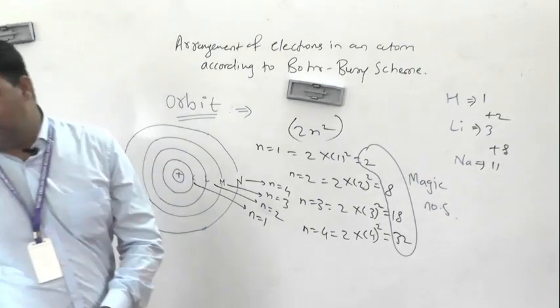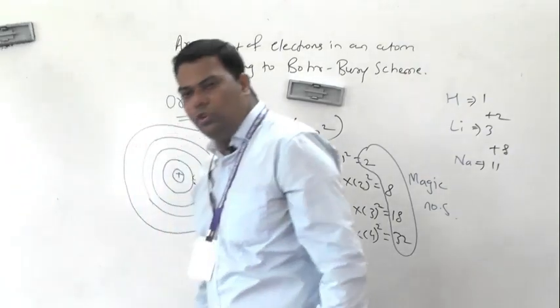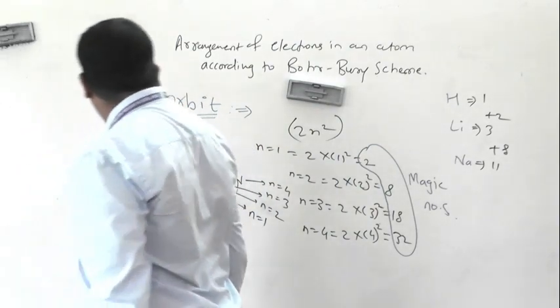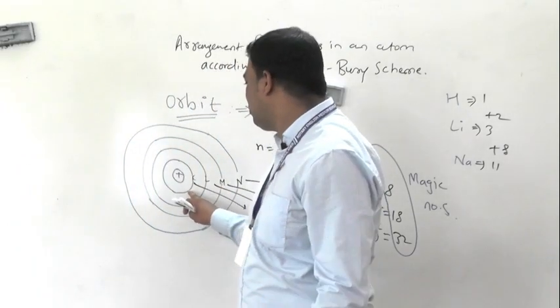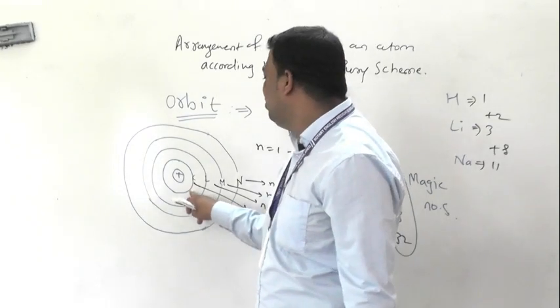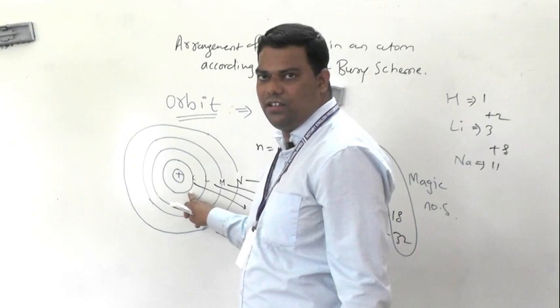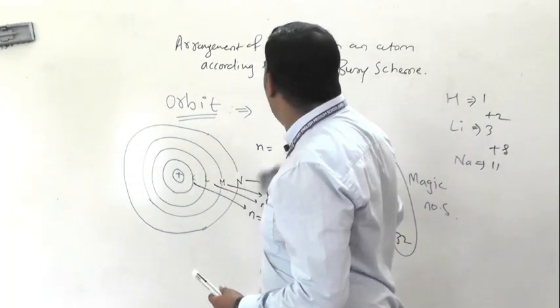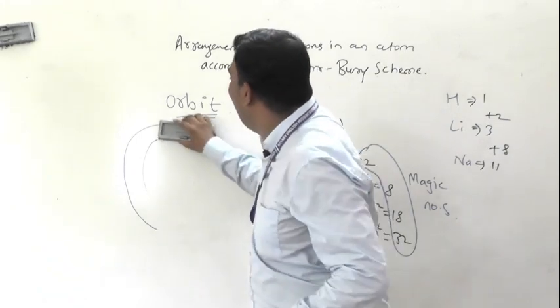Electrons do not enter a new shell unless the previous one is filled. Understood? First you have to complete the first shell from the nucleus.